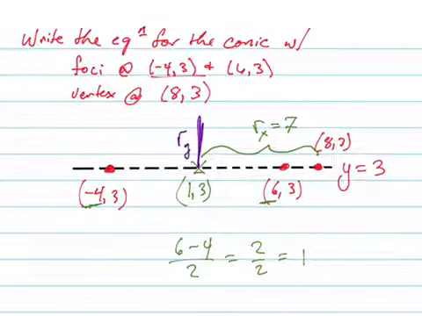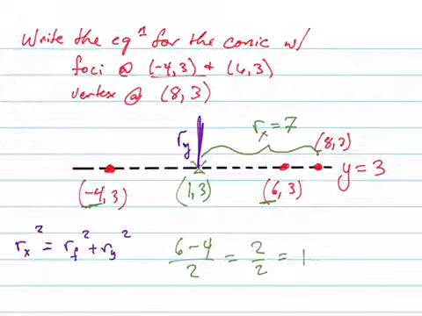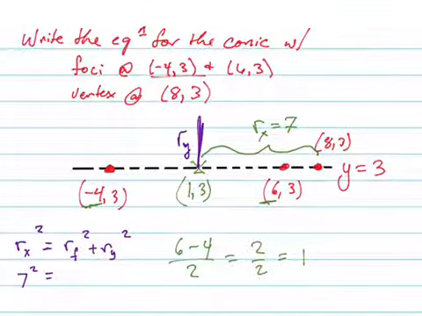My R sub y. Yeah, I use the Pythagorean theorem. And what's the Pythagorean theorem for an ellipse? R sub x squared is the biggest one. R sub x squared equals R sub f squared plus R sub y squared. So what's R sub x? 7. So 7 squared equals 49.